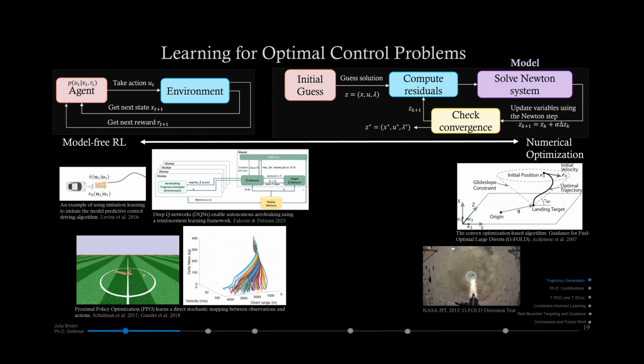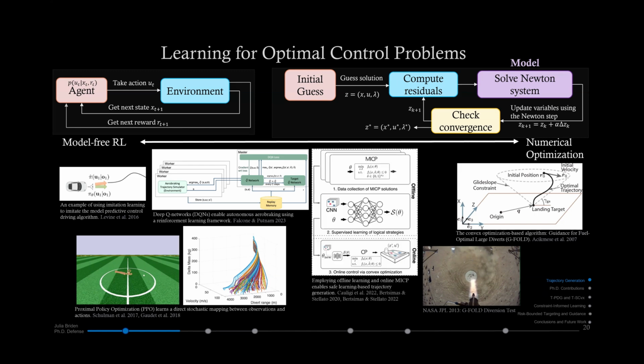Now moving towards the middle, we do have specific applications of reinforcement learning or model-free RL as applied to trajectory optimization approaches. Specifically, deep Q learning used to enable autonomous aerobraking, as well as an application of PPO to Six-DOF powered descent guidance trajectory generation.